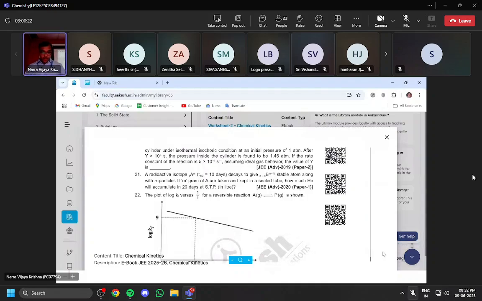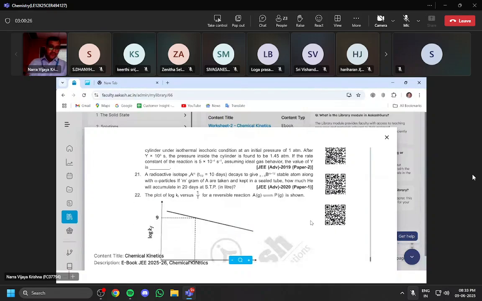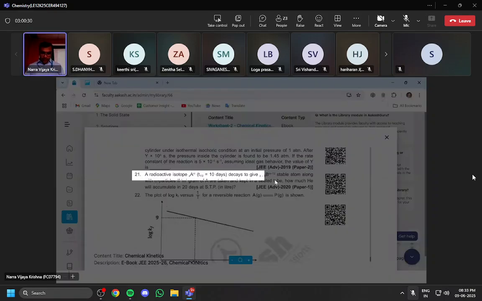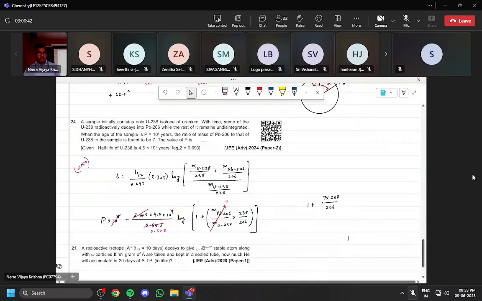Can you solve question number 21? 2020 paper 1. Observe, sir. These types of questions they are giving in chemistry as well as physics. Solve this one.